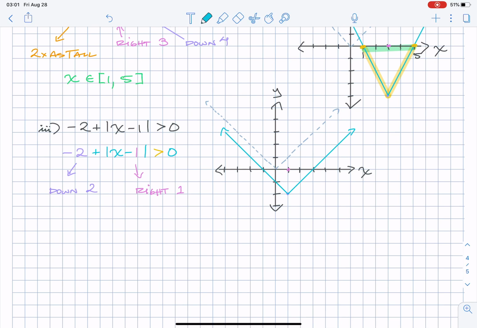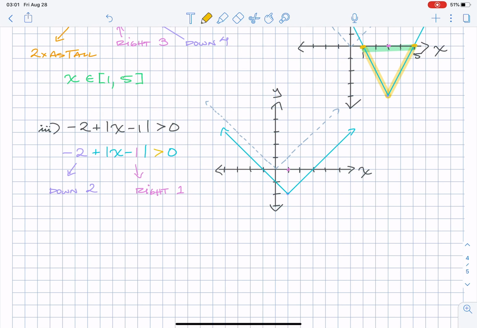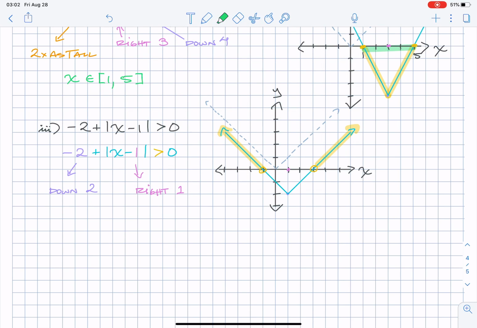Okay. So what I'm looking for now is where this is strictly larger. So open dot, no equal sign. And I want it to be larger than 0. So my values for y are larger than 0. Well, those correspond to values for x that are to the right and to the left of the intercepts.